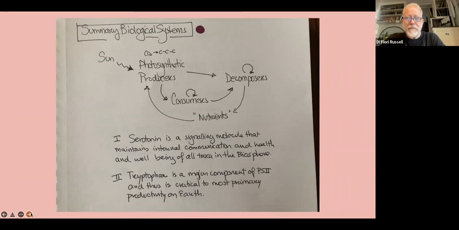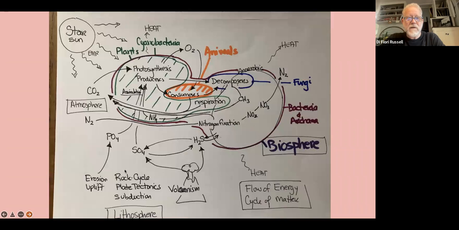Just to be kind of crazy, I sketched out the overall flow. This is all the biogeochemical cycles summarized, and I'll post this PowerPoint to the Canvas page if you want to see my crazy thing.